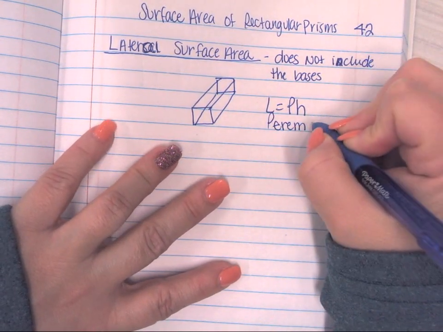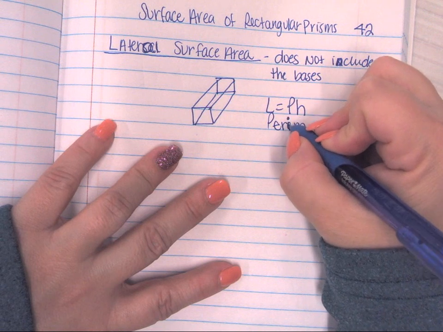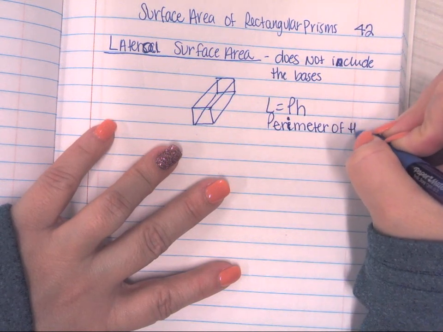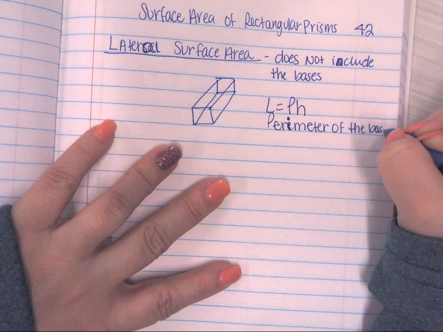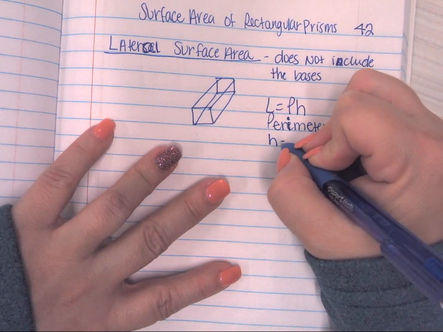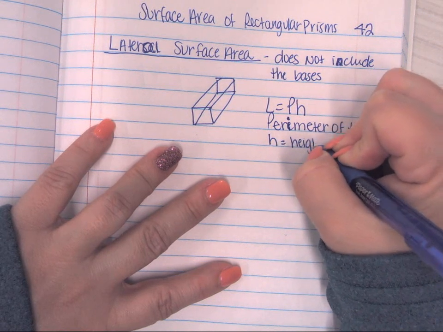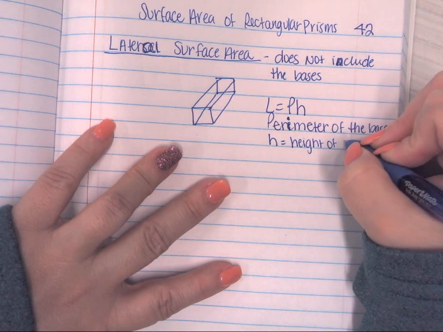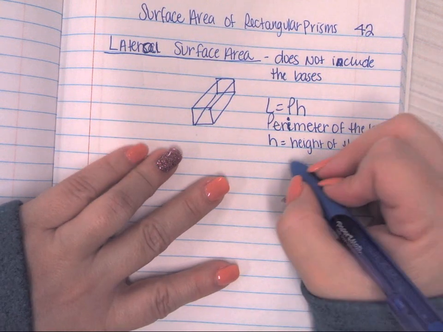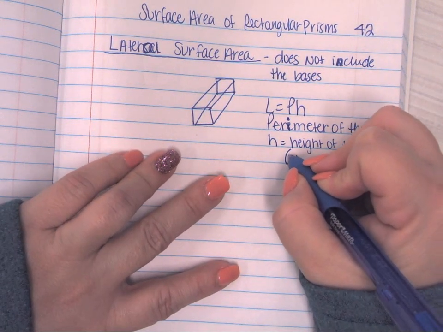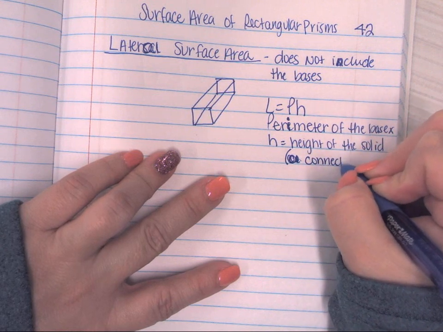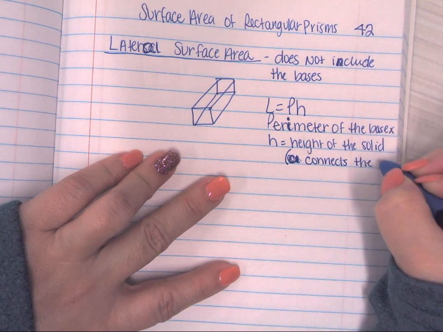Perimeter of the base times h, which is still the height of the solid. Okay, this connects the bases.